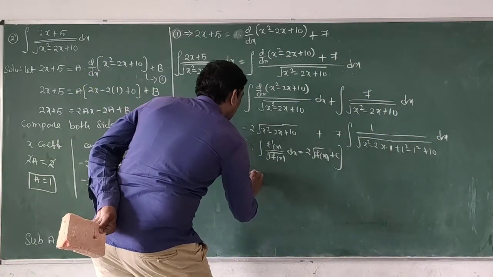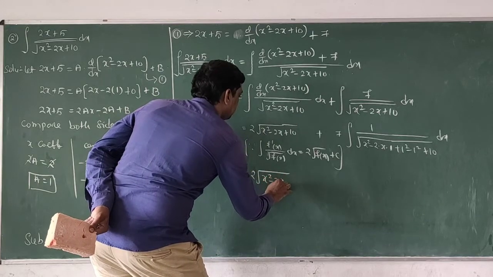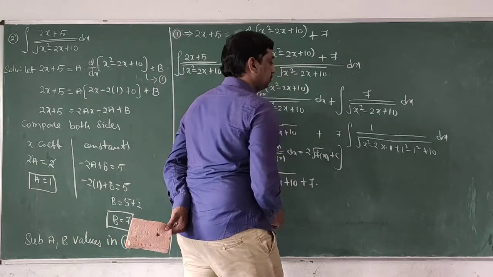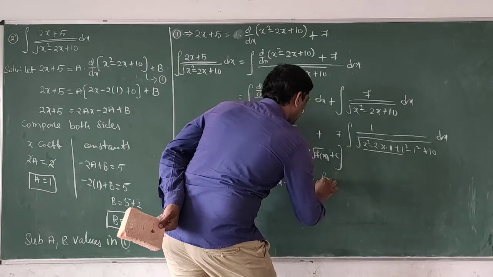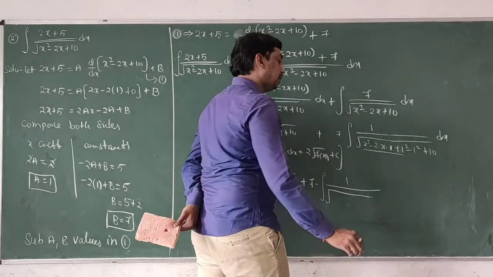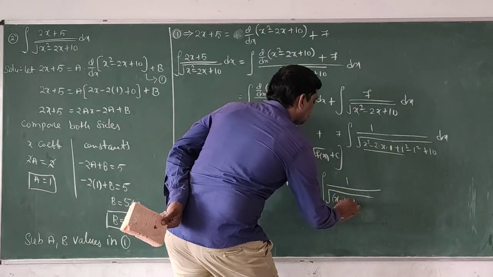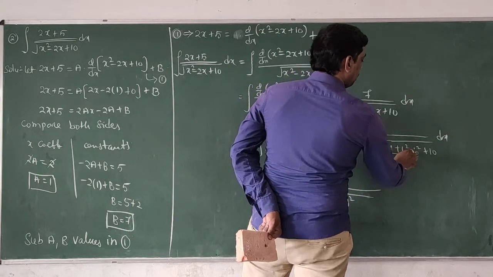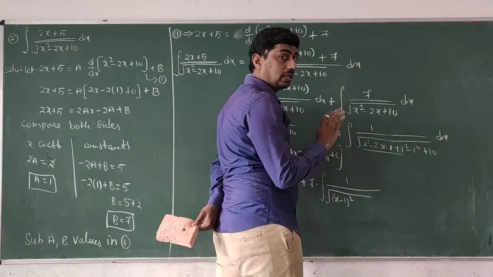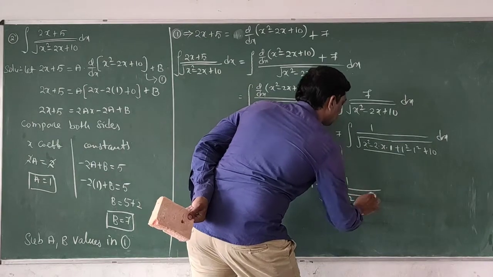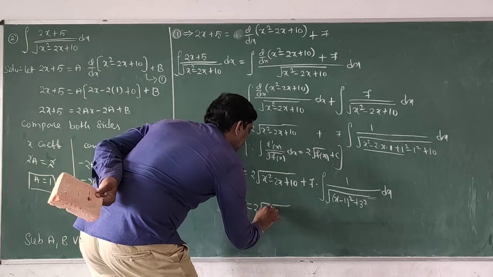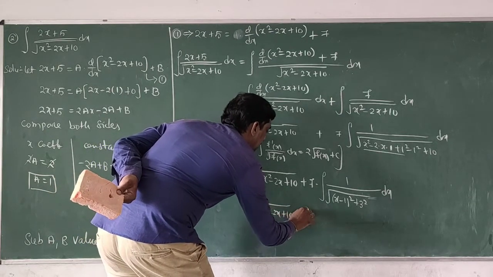Now 2 into square root of x square minus 2x plus 10 plus 7 into integration of 1 by, where these first three terms can be written as a square minus 2ab plus b square, that is a minus b whole square, which means x minus 1 whole square. In the remaining two terms, 10 minus 1 square means 10 minus 1, that is 9. 9 can be written as 3 square, into dx.